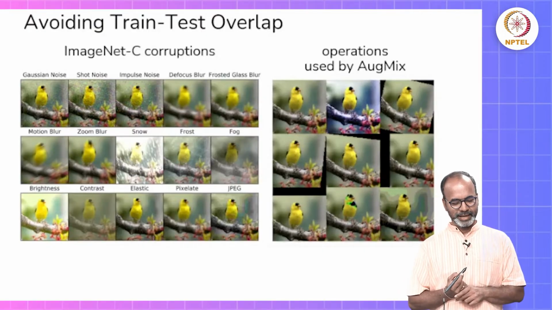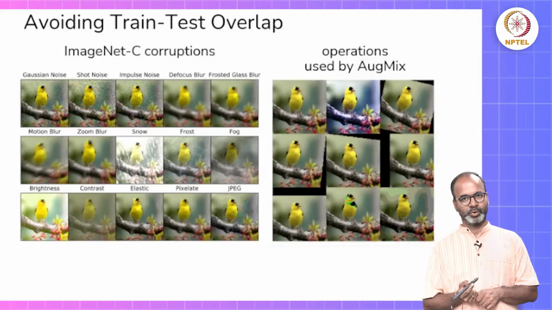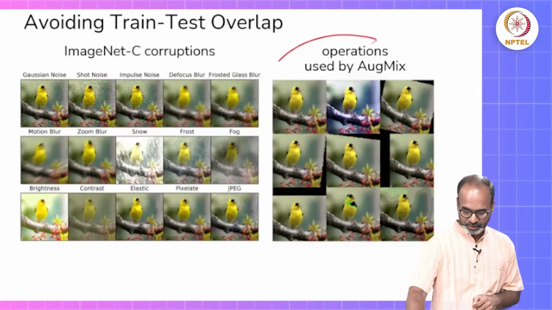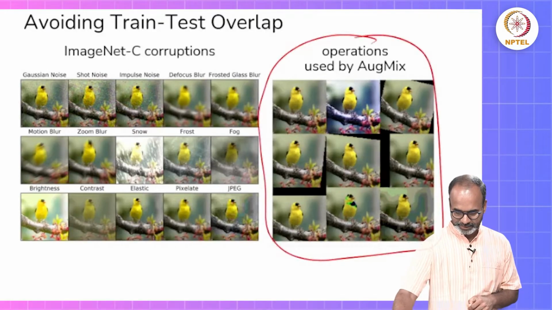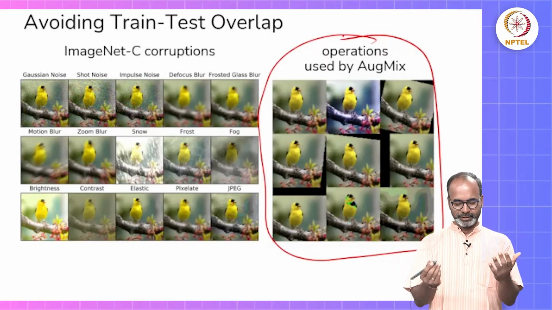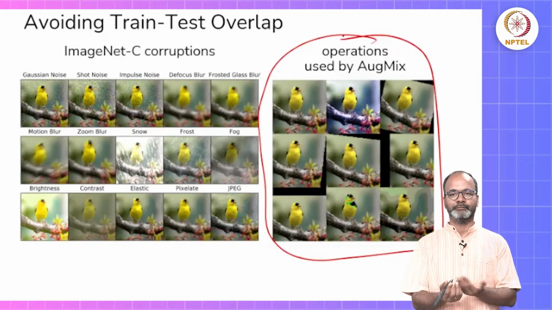So then next is ImageNet-C corruptions. If you see, avoiding train test overlap, you want to generate these AugMix outputs. First, to get a sense of the difference between ImageNet-C corruptions and AugMix, it is very visible, right?